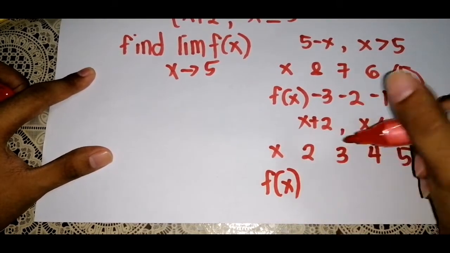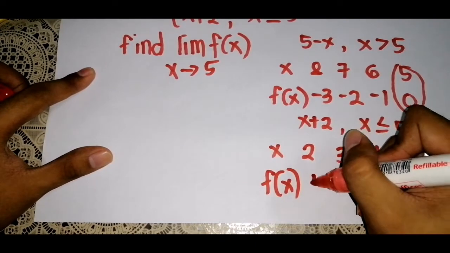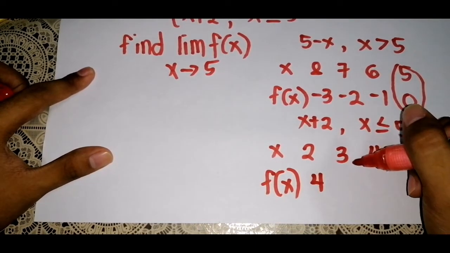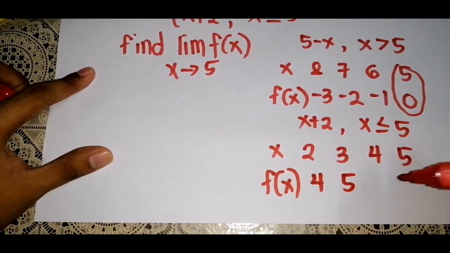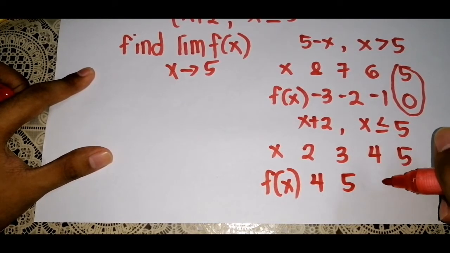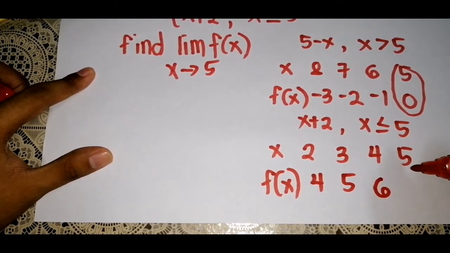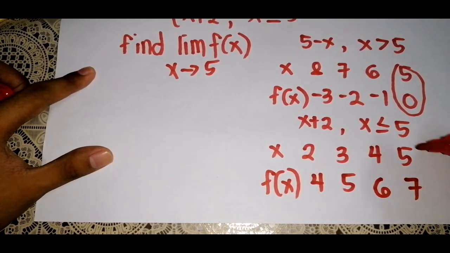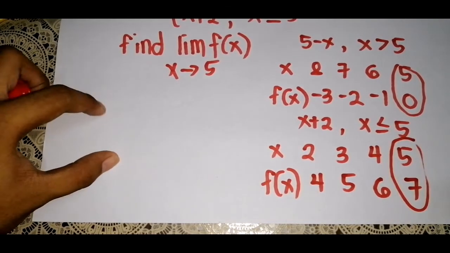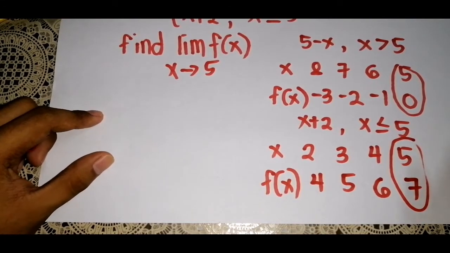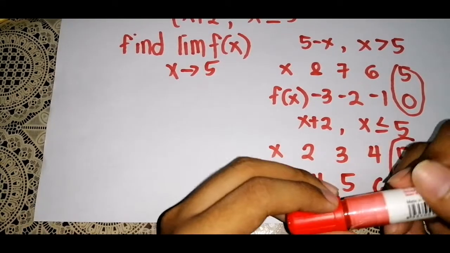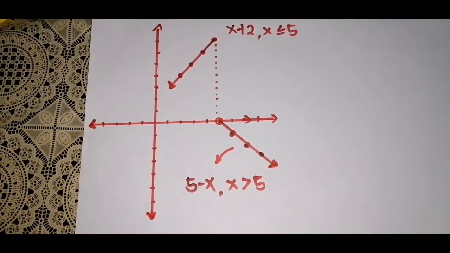So, kapag sinubstitute natin itong 2 sa ating function, sagot ay 4. When x is 3, the function is 5. When x is 4, the function is 6. And when x is 5, the function is 7. So, ang limit ng ating function dito ay 7. They are not equal, so the limit does not exist.